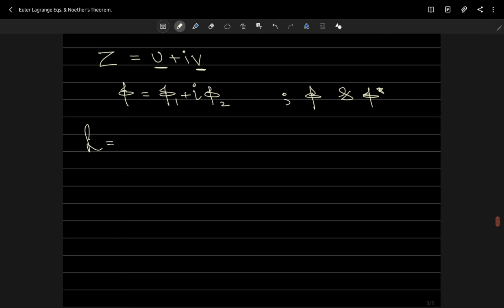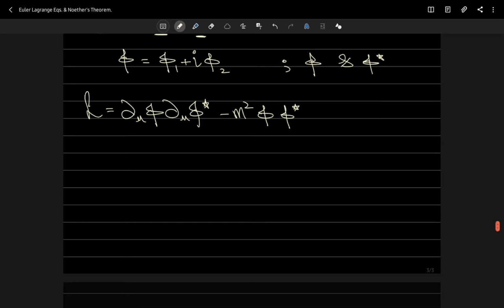The Lagrangian density is partial mu phi star, partial mu phi, minus m squared phi star phi, right?